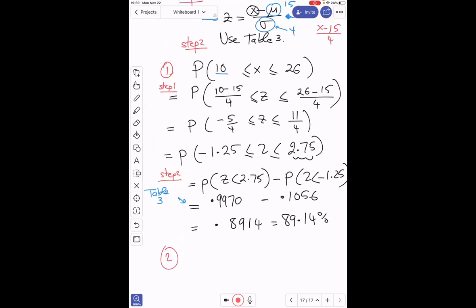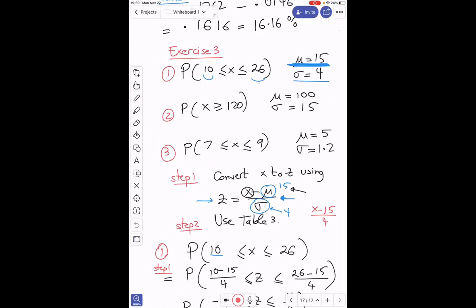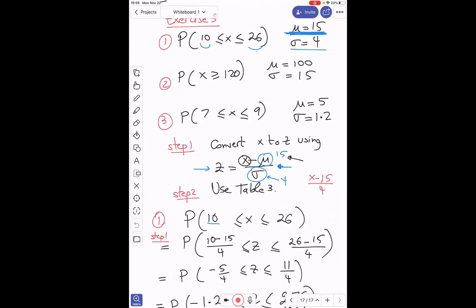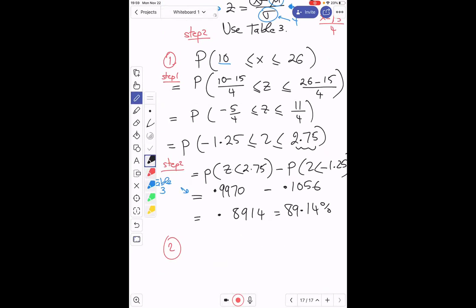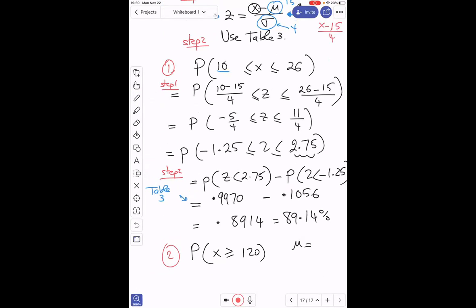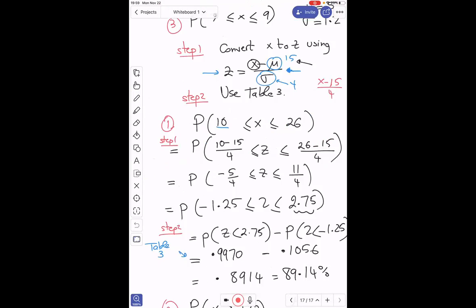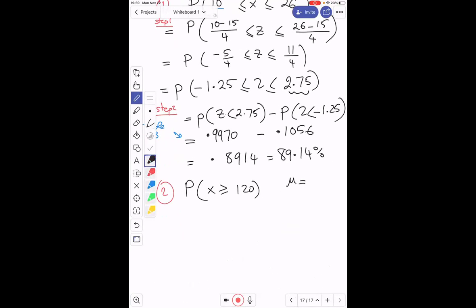Number 2 is x larger than 120. So it's the probability that x is larger than 120. The mean in this problem is 100, and the standard deviation is 15. In the first step, we need to convert this to the variable z.